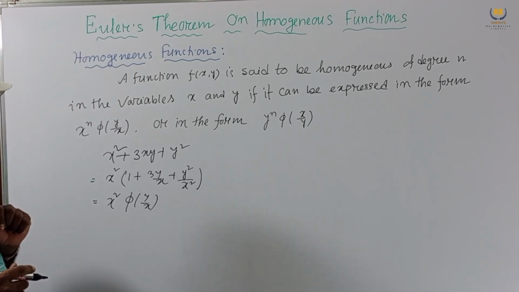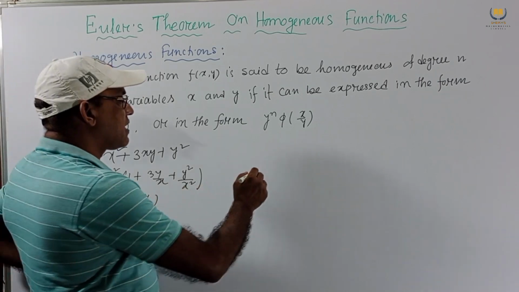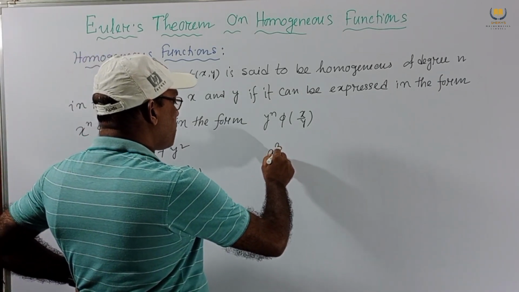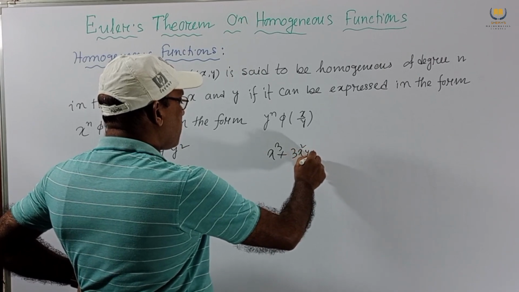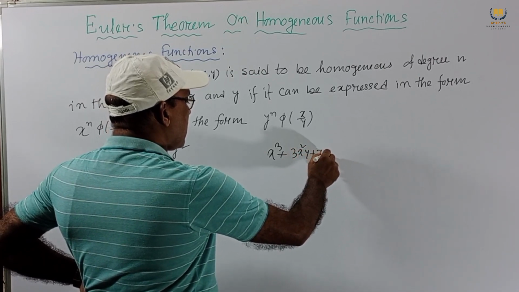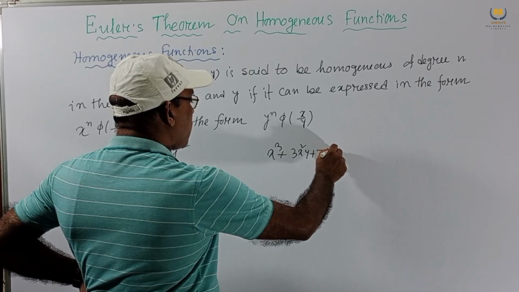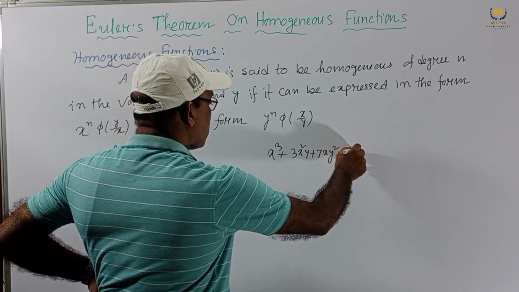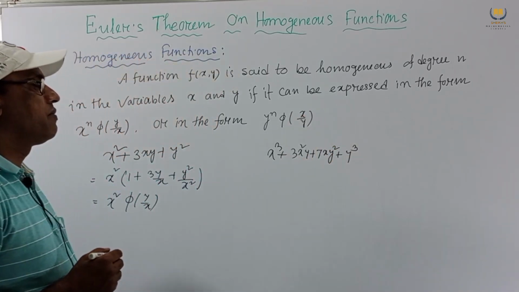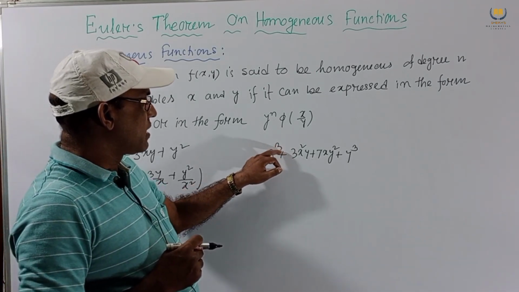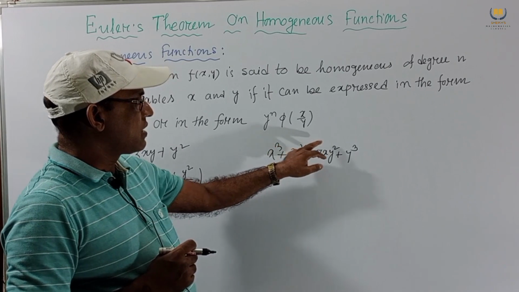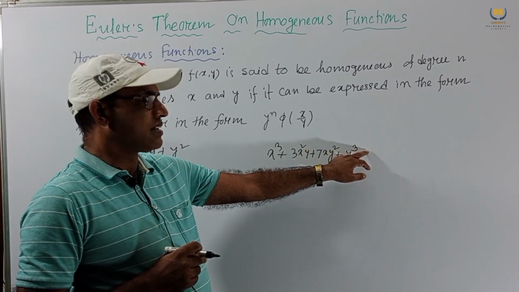Again, consider another example: x cube plus 3 x square y plus 7 x y square plus y cube. Suppose this problem is given. The degree of this term is 3, this is 1 and 2, that is 3, this is 1 and 2, that is 3, and this is 3.